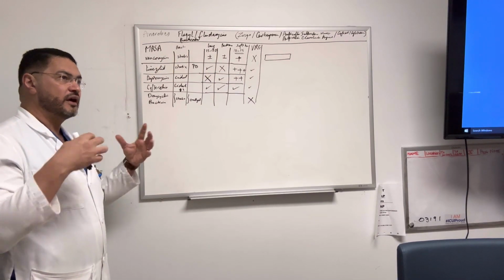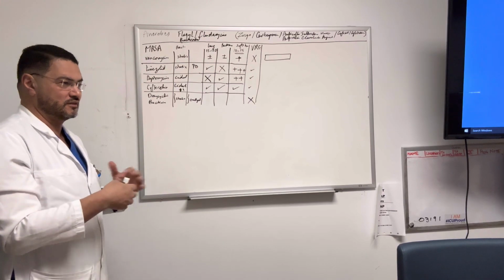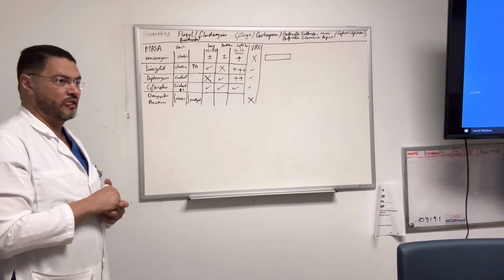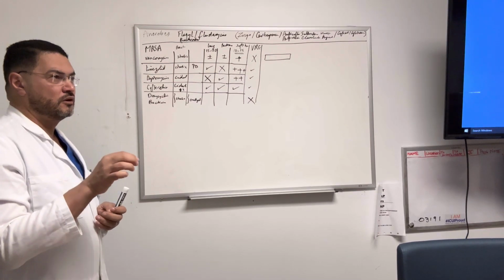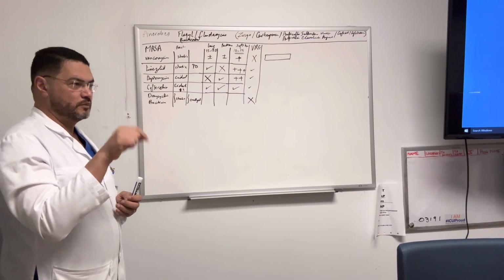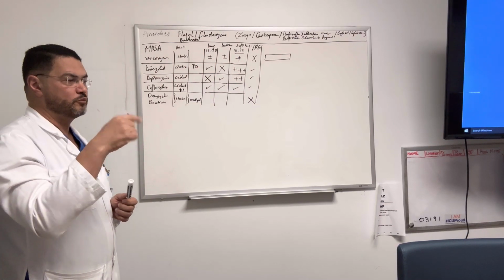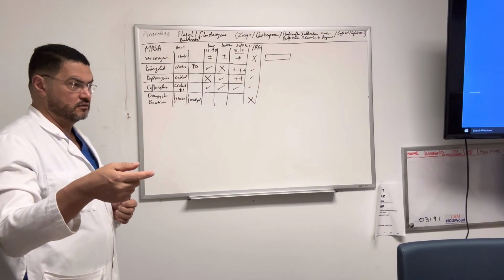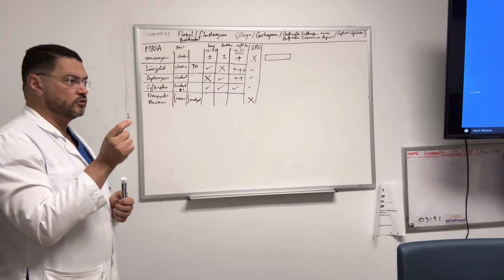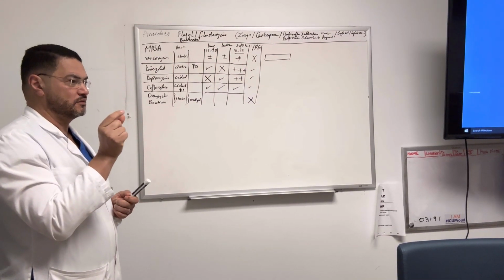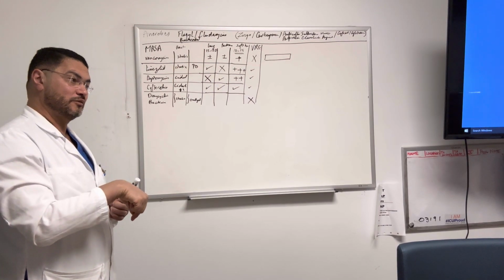So it depends on where you set your level, how comfortable you are with what's not being killed. This is a debate: with vanco against MRSA, once you go above 1.5 to 2 MIC, vanco only kills 15% of the colonies, but they still consider it sensitive to vanco.